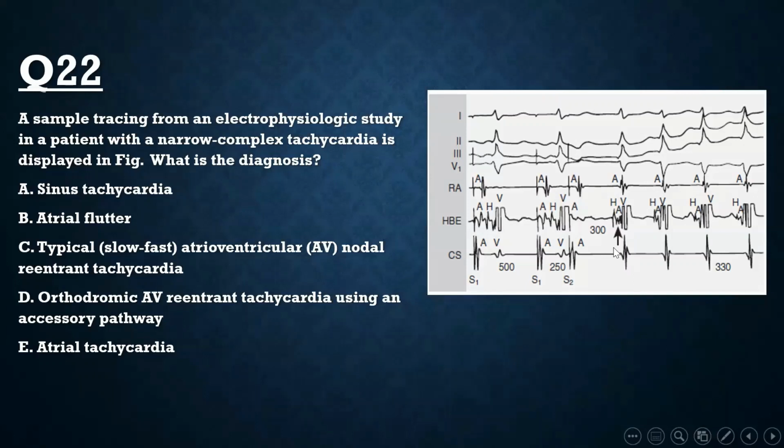And this initiated the tachycardia. In this tachycardia, if you notice, you will find the V, A, V on the same line. If you find it in the same line, concentric like this, with a very short VA, this is typical AVNRT.